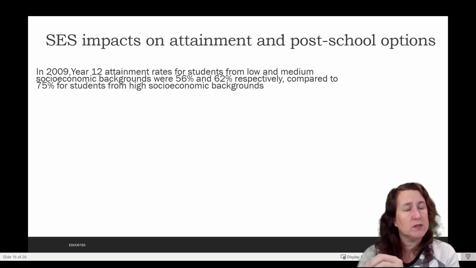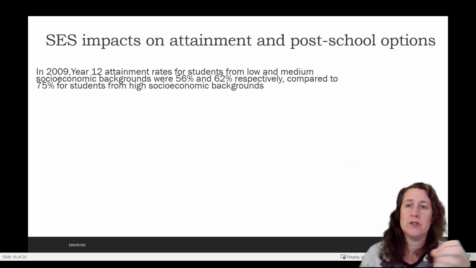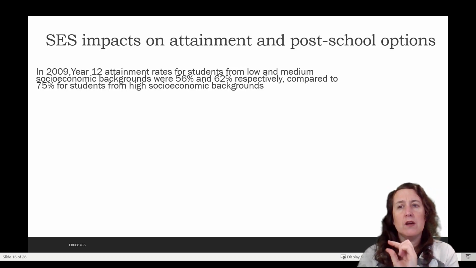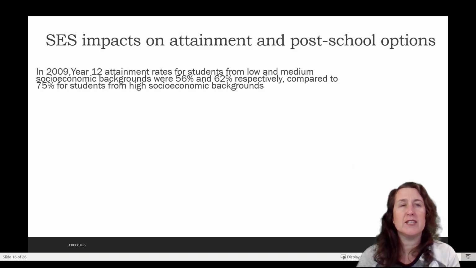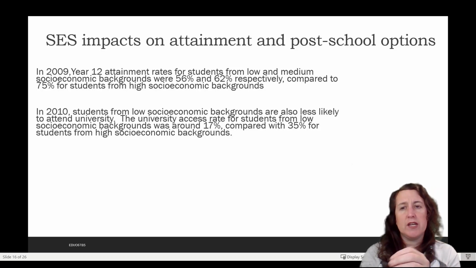Although this data doesn't hold true as much today because more students are staying to Year 12 than before, we can see that the higher a student's socioeconomic background is, the more likely they were to attain a Year 12 higher school certificate. In Year 10, students from low socioeconomic backgrounds were less likely to attend university.